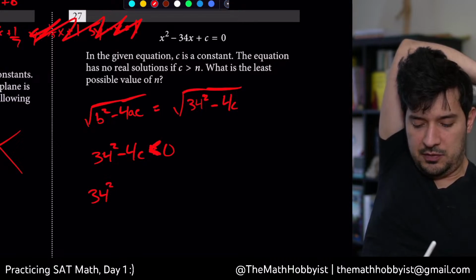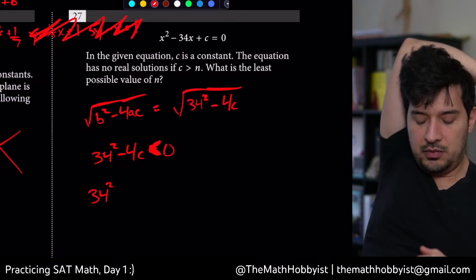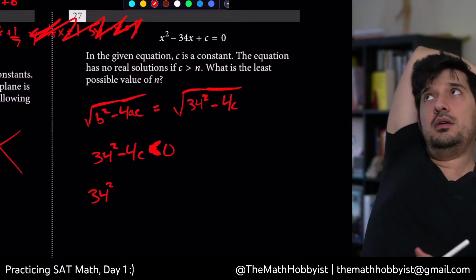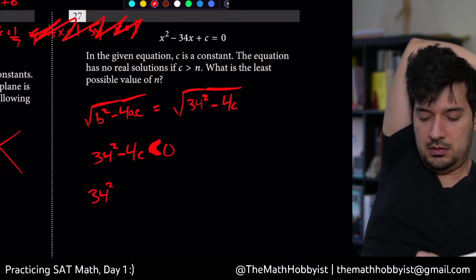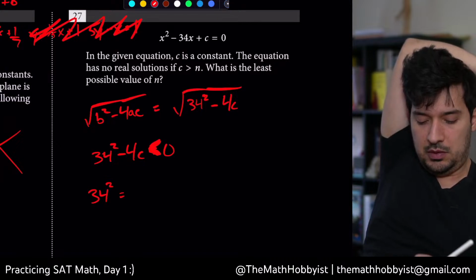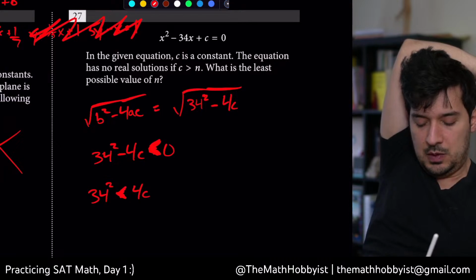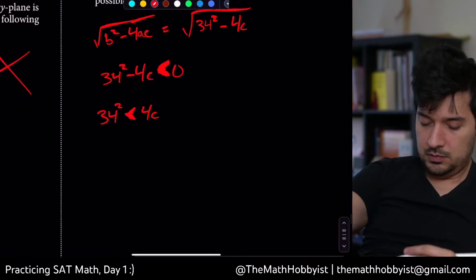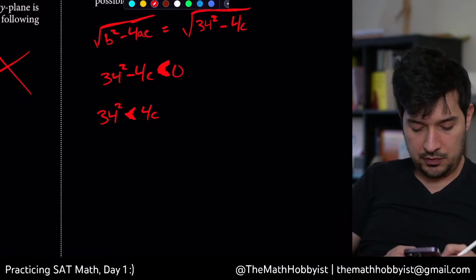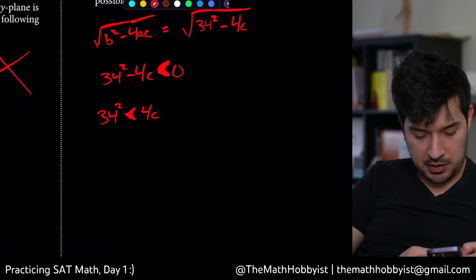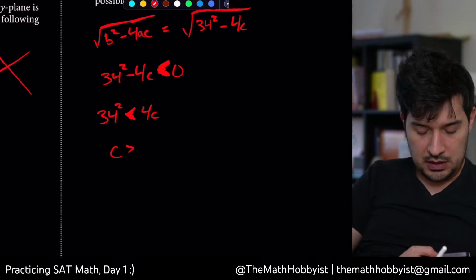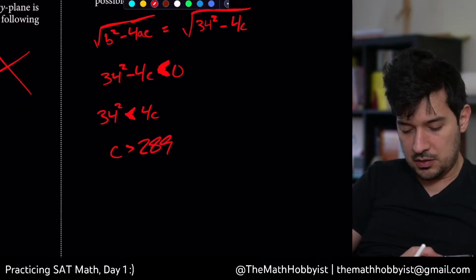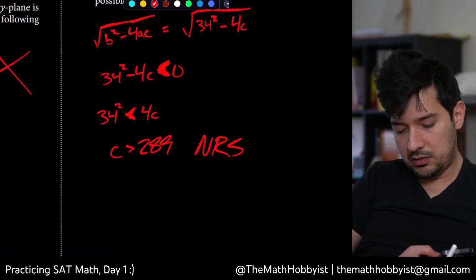Really we want to solve when this is less than 0 so that we are having no solutions. So 34 squared is less than 4c. 34 times 34 divided by 4 is... when c is greater than 289, we have no real solutions.